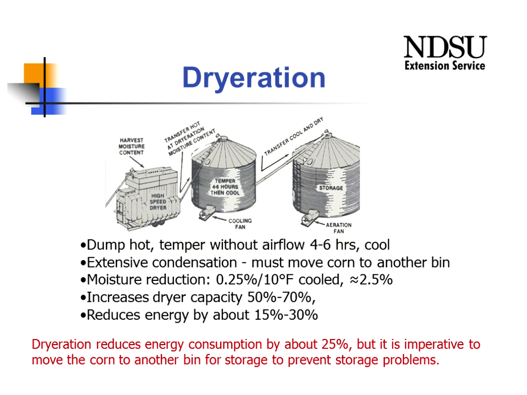Some of the benefits that we've already talked about: by doing the cooling in the bins, we're increasing the dryer capacity by 50 to 70%, and we're reducing the energy consumption by 15 to 30%. When you make this comparison to some of the other drying systems, this is considered as part of that energy savings.